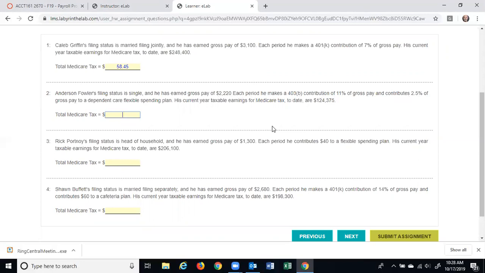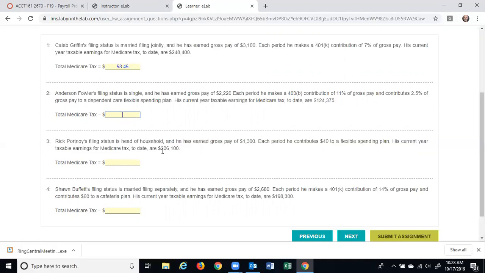So the taxable income in this case is $2,220 minus the 2.5% of the gross, which is $55.50, giving us $2,164.50 as taxable wages for Social Security and Medicare.